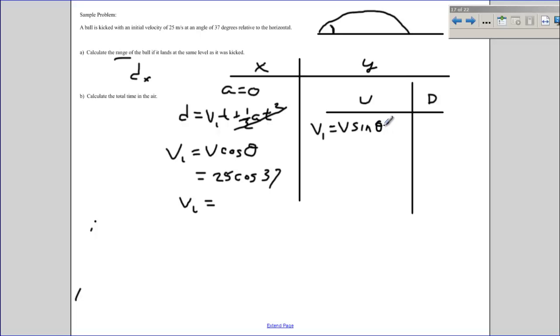So sine theta. And so I go ahead and do that, and it's going to be 25 sine of 37. Just learning how to use this pen, so bear with me. And so my vi in that case will equal something. It's going to be my y component. And again, it's probably less than half, so it's going to be somewhere around 10 or something like that. Again, a number.